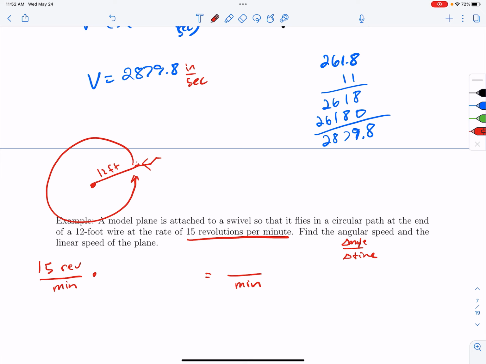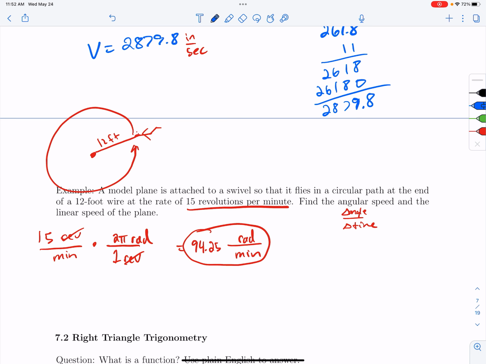And then 1 revolution of that airplane is equal to 2 pi radians. So revolution cancels here. I get 15 times 2 times pi, and we end up with roughly 94.25 radians per minute. So that's our angular speed.